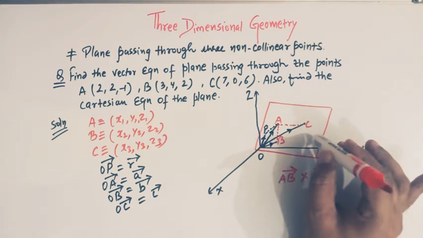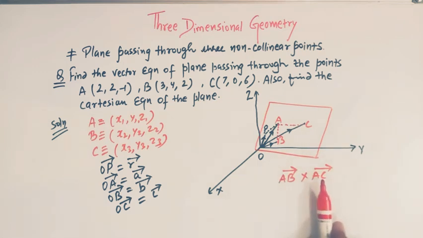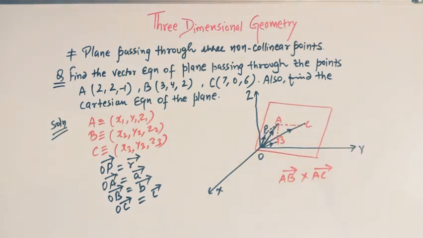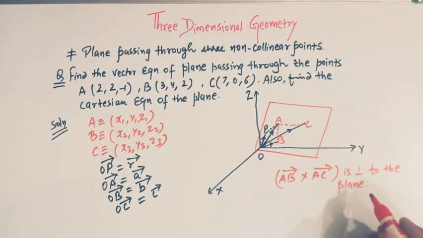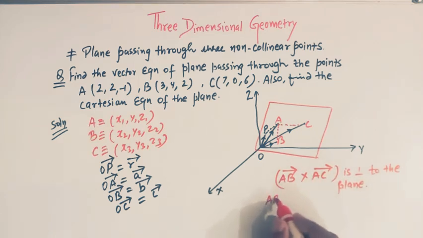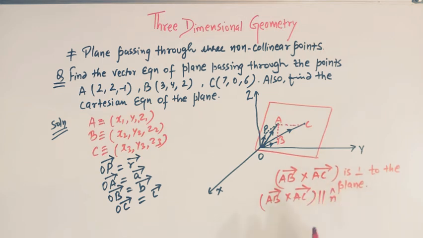So it implies that this vector, vector AB cross vector AC, is parallel to the normal vector to the plane.